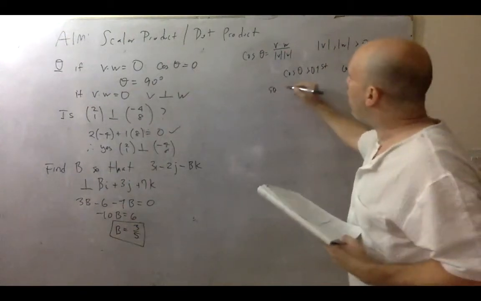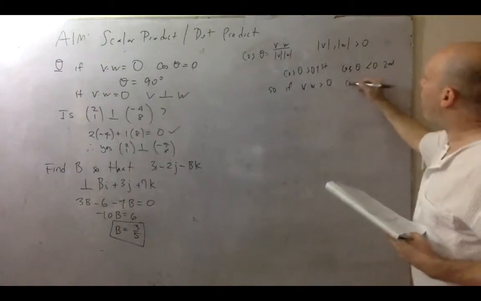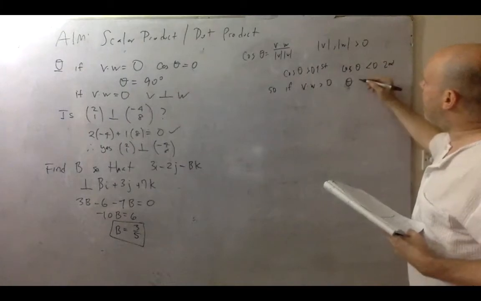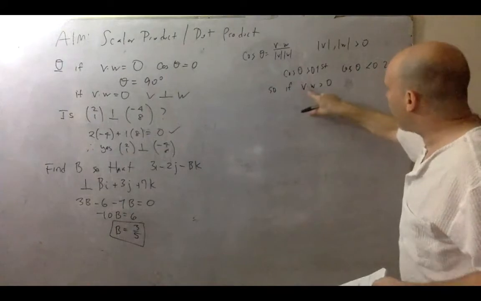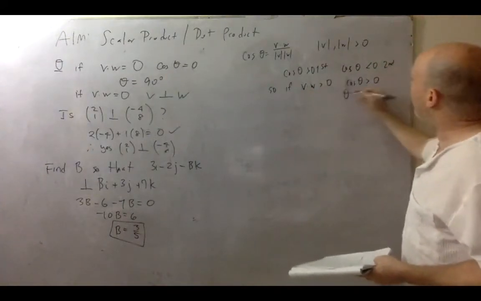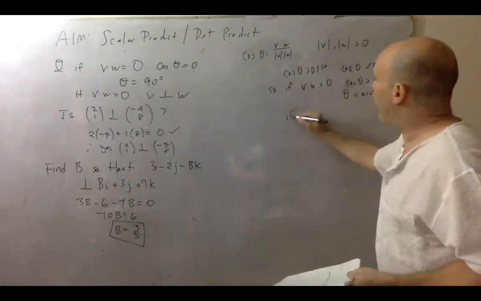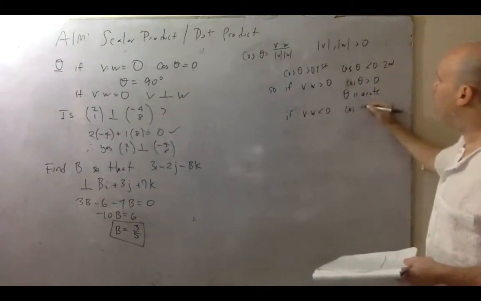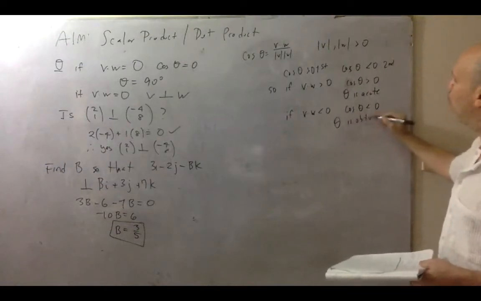So if the dot product is positive, knowing the denominator is positive, the cosine of theta is also positive, and therefore theta is acute. What else? If the dot product is negative, that means cosine will be negative, and theta is obtuse.